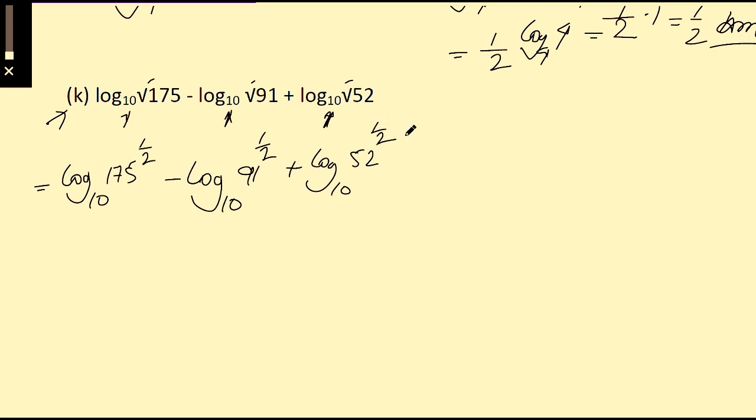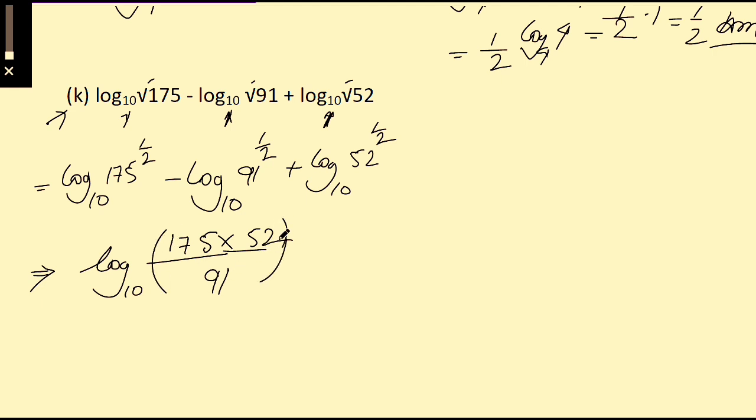Now we can apply the division and product rules of logarithm. Then we can write it as a single log, like log 175 times 52 over 91 to the base of 10.